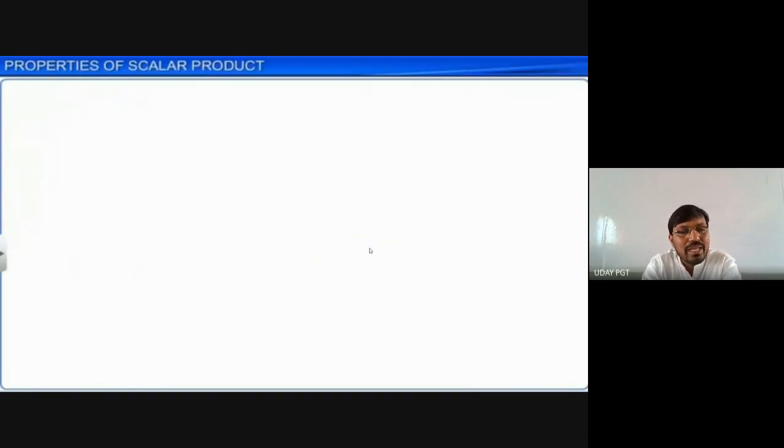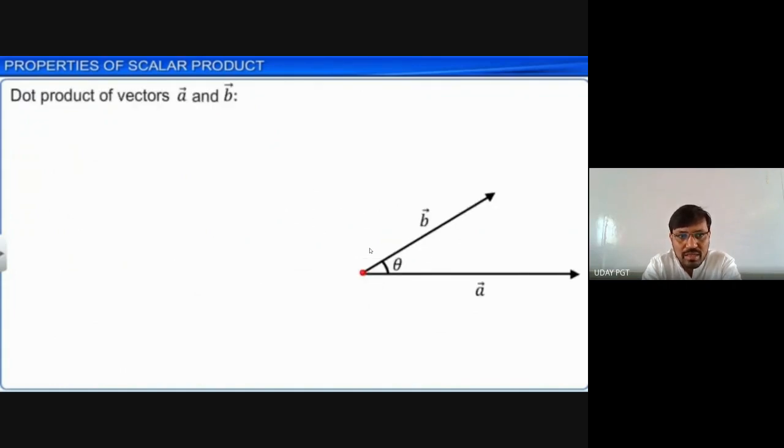Okay, so the main properties of the scalar product: two vectors we are taking into consideration, A and B. The dot product of these two vectors, as per the definition, a bar dot b bar is nothing but magnitude of a bar into magnitude of b bar into cos theta.